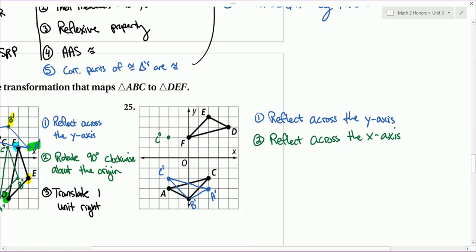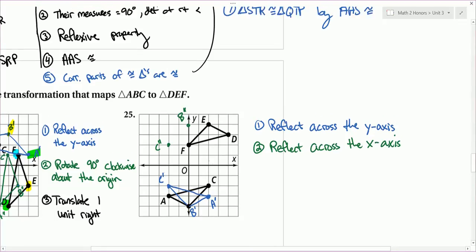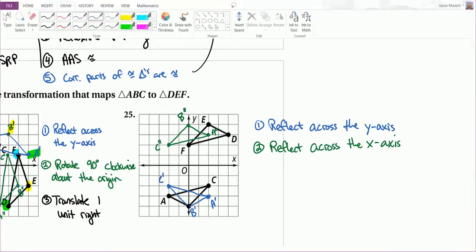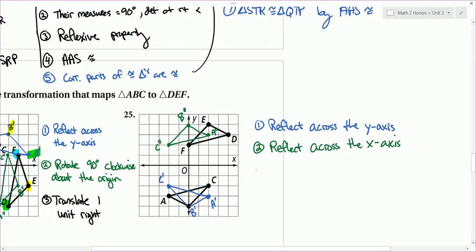B prime is 4 below, so I'm going 4 above, that's my B double prime. And A prime is 1, 2, 3 below, so I'm going up 1, 2, 3 above, that's my A double prime. So here is my result. Almost exactly where I want it. Last step, translate 2 units to the right.